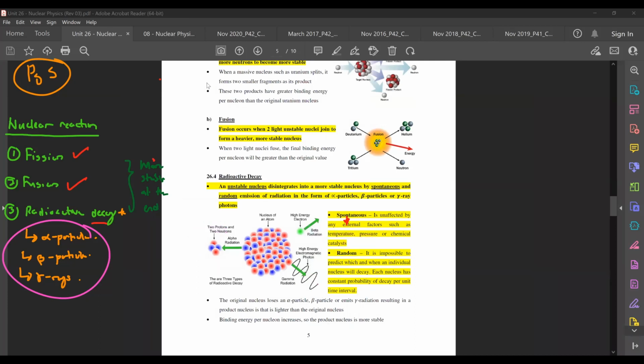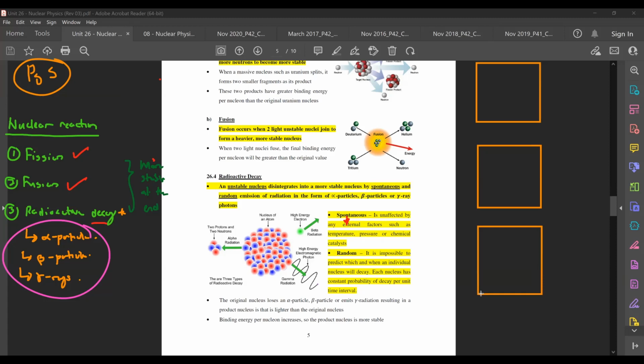Say, for example, I have a sample of radioactive nuclei right over here. I gave you maybe say 3 samples here. If you look at the first one, I can say that maybe I have 12 nuclei inside.